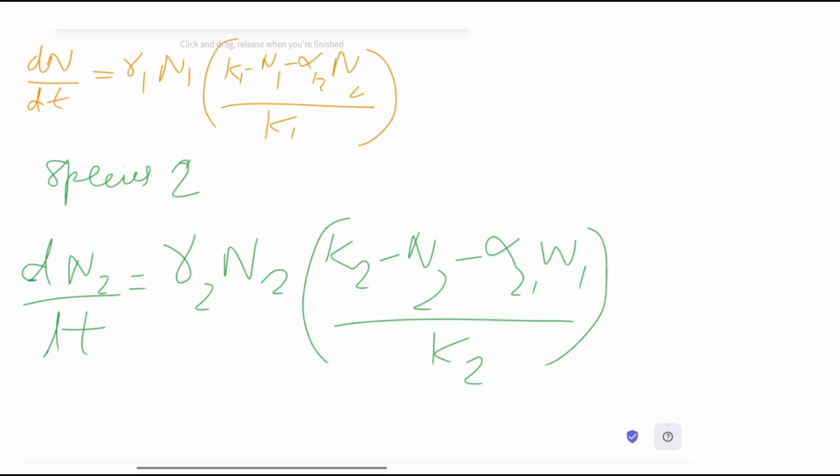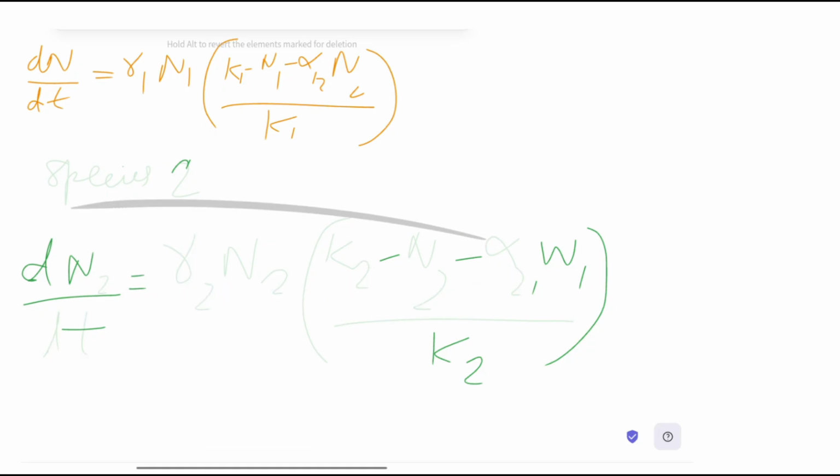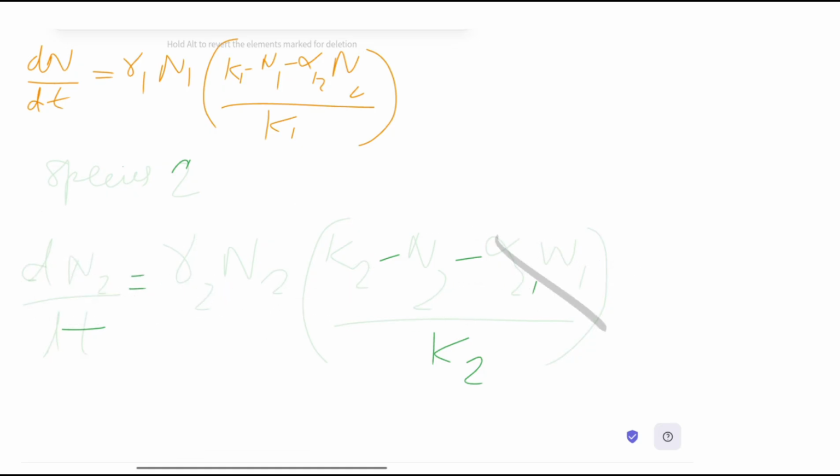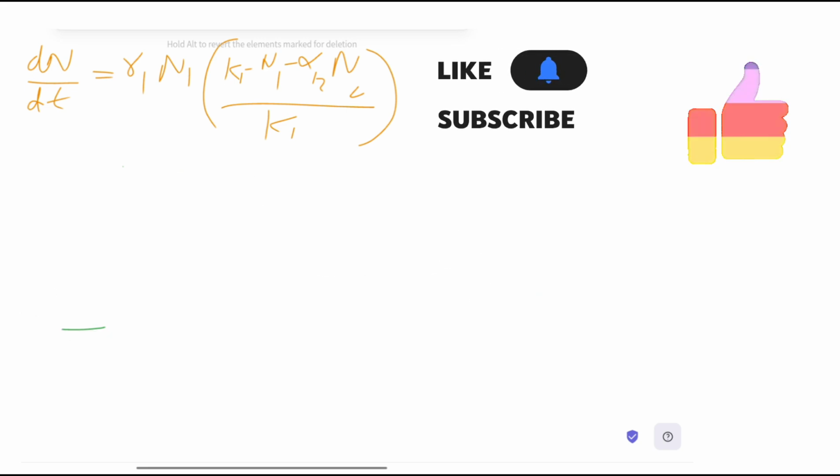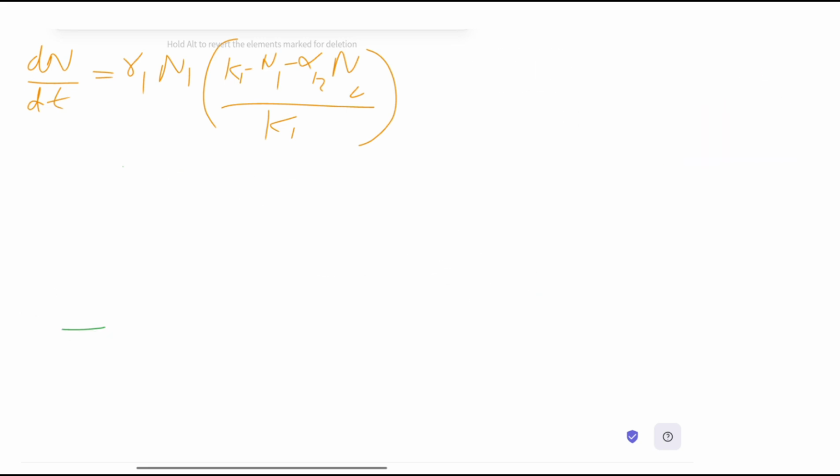Here N1 and N2 are the populations of species 1 and species 2 respectively.